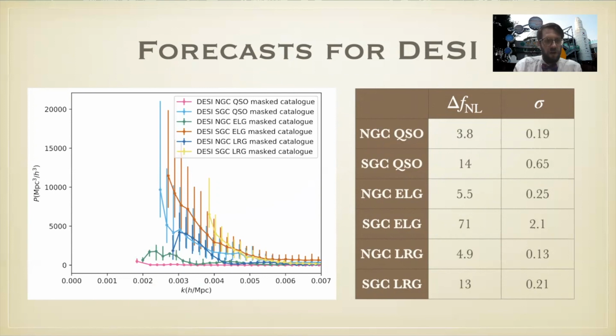biasing laws. In the end, the expected systematic bias on FNL measurements due to the Kaiser rocket effect, assuming an uncorrected CMB dipole, ranges from as little as 3.8 or a fifth of a sigma for quasars in the galactic north to 71 or 2 sigmas for emission line galaxies in the galactic south.